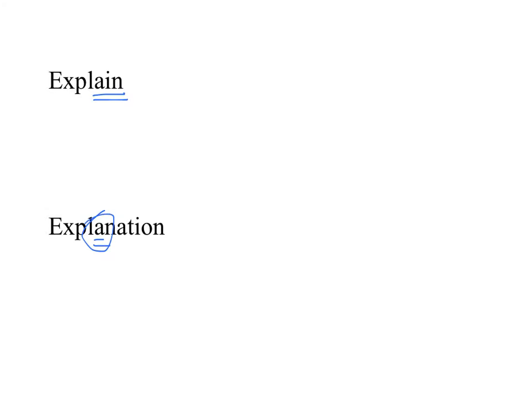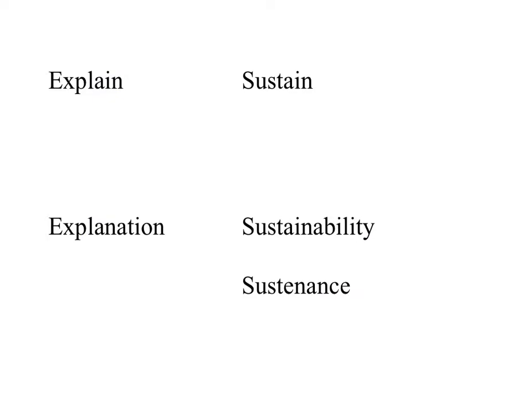So we see that this ending pulls some of the emphasis off of this long vowel, and it naturally shortens. The same thing can be illustrated with other words like sustain. Sustainability keeps the long vowel because of the nature of the ending, but with a different ending, sustenance, the emphasis pulls off of the long vowel and it shortens.